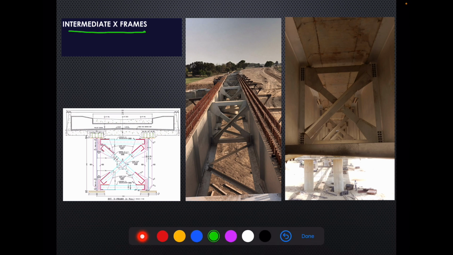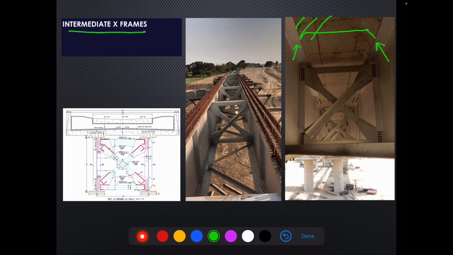So at the end we have end diaphragms, and now in the intermediate positions we have cross frames as we have discussed earlier. Here is a close look at the cross frame, and here if you look carefully at the top you can see this is the top flange of the girder, and in between there is this portion which is of concrete.